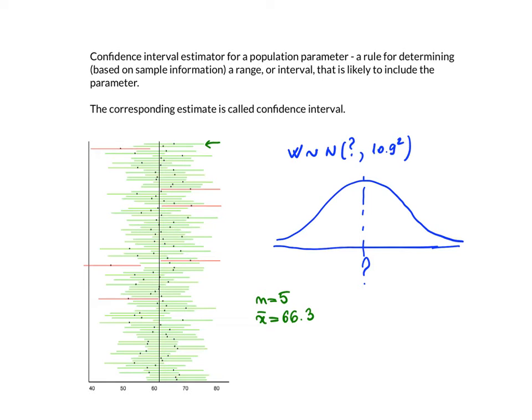Under this assumption that the true mean is 66.3, I know that the sampling distribution of the means is normally distributed with a mean that I would estimate now to be 66.3 because that's what I have, and the standard deviation 10.9 squared over 5, because I took samples of size 5.